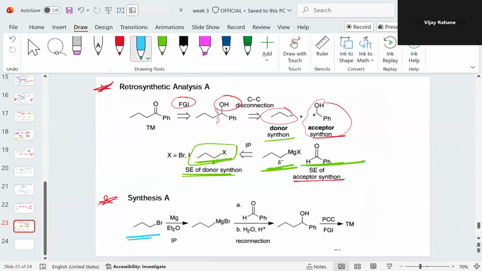So this is the propyl bromide. If you add magnesium in diethyl ether, and I particularly have to highlight here, this should be dry, that is anhydrous, without any moisture. When you do this reaction, we get this Grignard reagent, right?